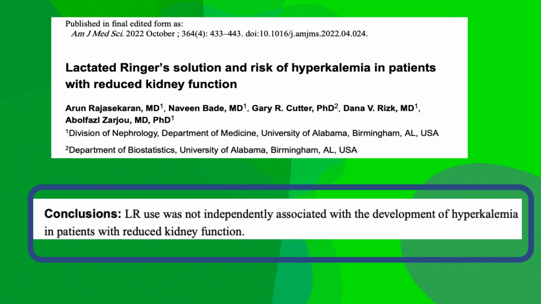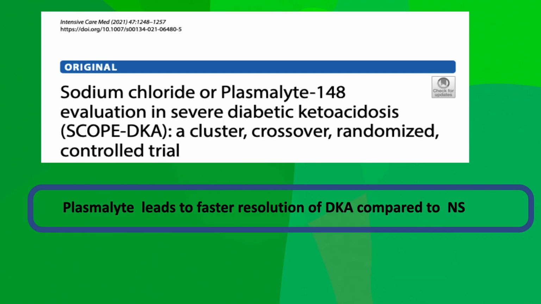In more stable patients of chronic kidney disease, it was proven that Ringer lactate does not cause hyperkalemia, even though it contains potassium, while sodium chloride can actually worsen hyperkalemia, even if it does not contain potassium. And this trial was published in 2021. This is a landmark trial. This is the COPE-DKA trial, where it was shown that even in diabetic ketoacidosis patients, where for decades normal saline was said to be the fluid of choice, the buffered salt solutions resolve acidosis faster when compared to normal saline.